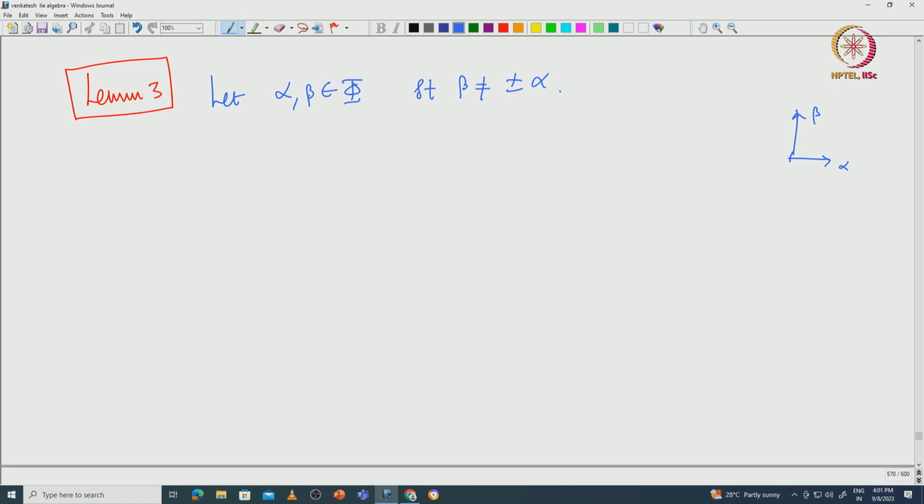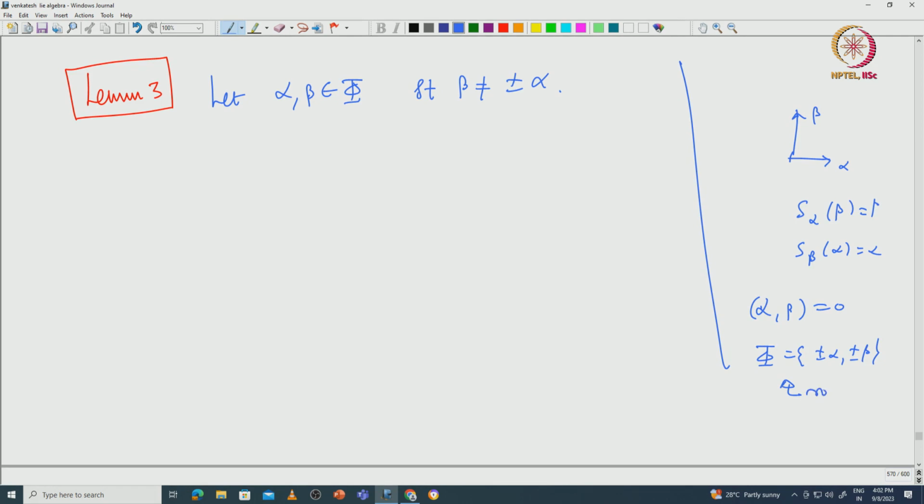In particular, if you use the reflection corresponding to alpha or beta, you can see that S alpha will fix beta, and similarly S beta will fix alpha, when the inner product of alpha and beta is 0. So if we take phi to be plus or minus alpha, plus or minus beta, this is already a root system.